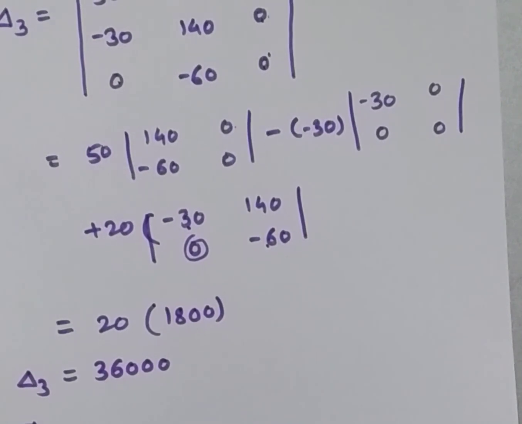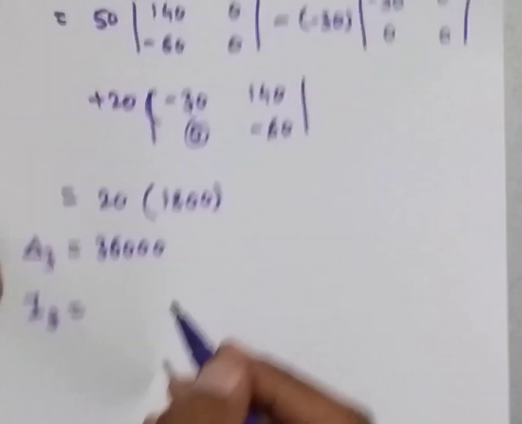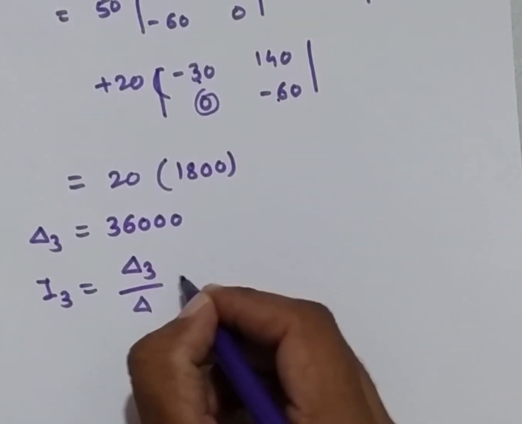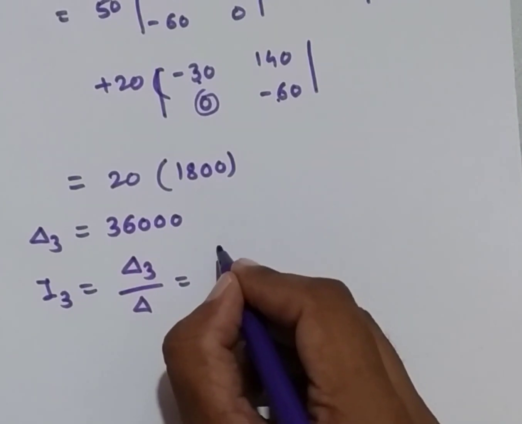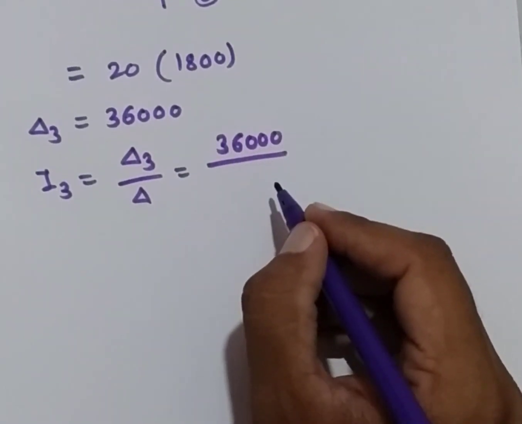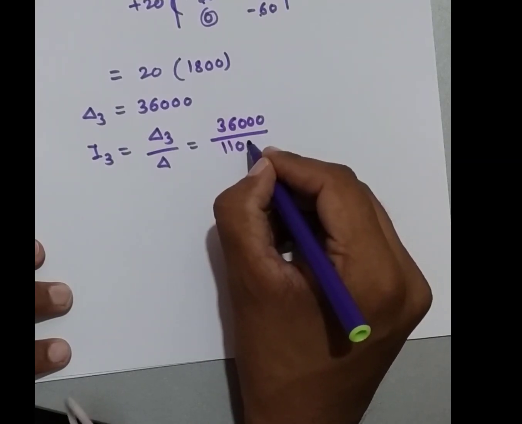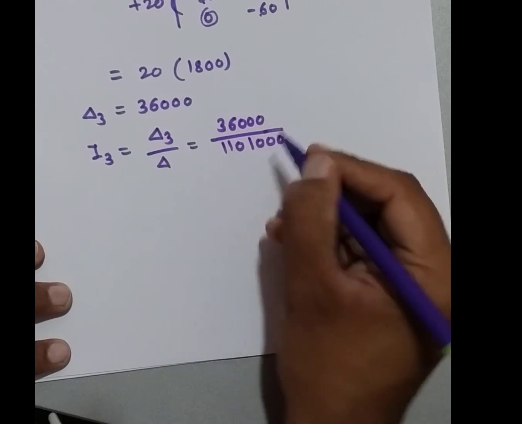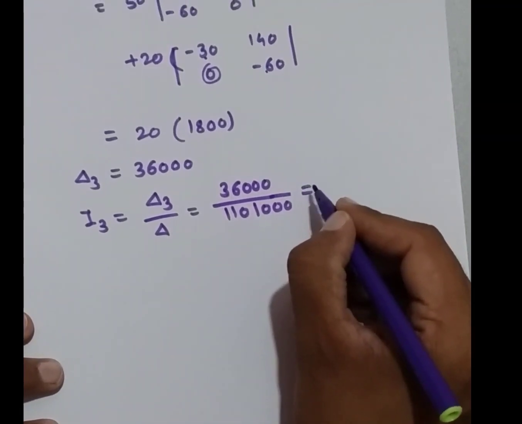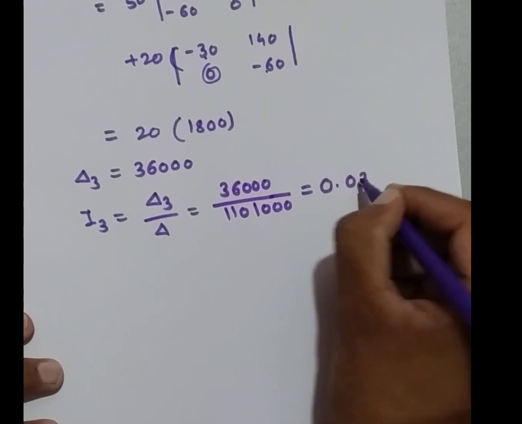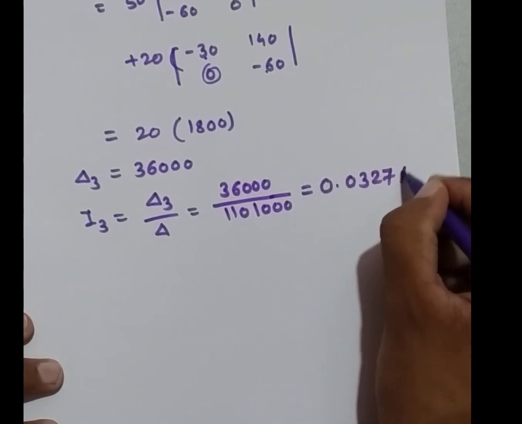Now let us find out I3. I3 can be found out by simply taking the ratio of delta 3 and delta. So delta 3 is 36000 and delta is 110100. This is going to give a value of 0.0327 ampere.